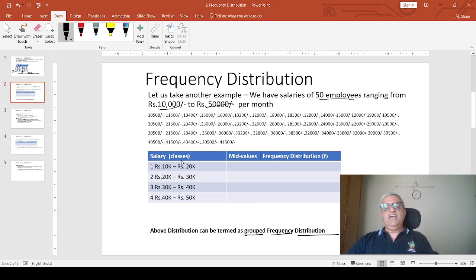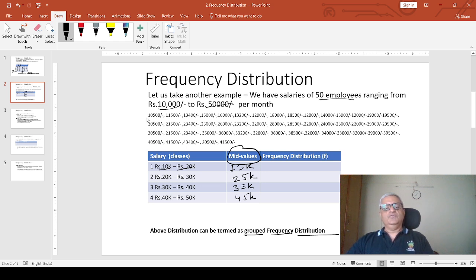When we have groups, we have one more important column in between, and that's mid values. One has to find out the mid value of a group. So this is 15K, this is 25K, this is 35K, and this is 45K. And what is the frequency distribution?